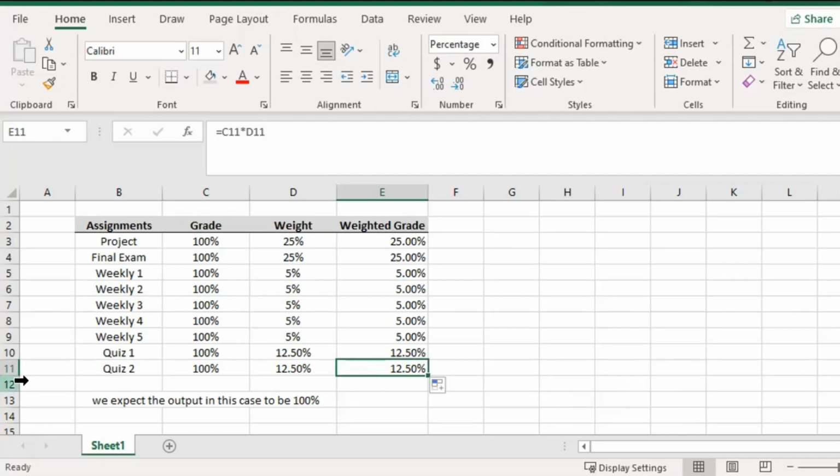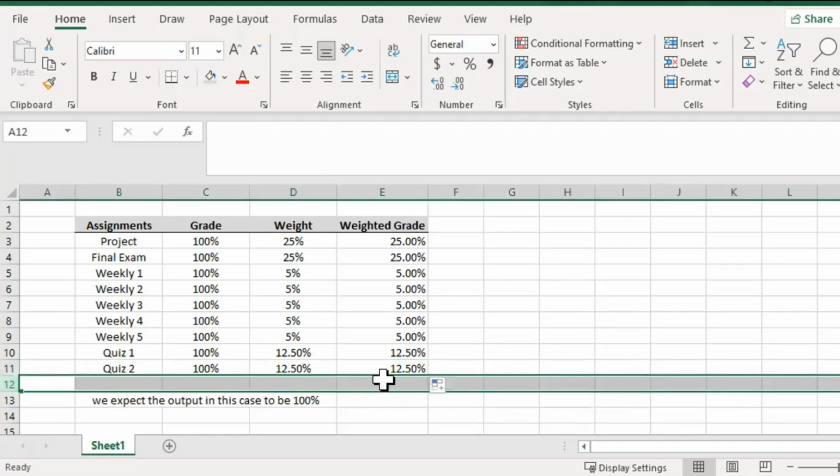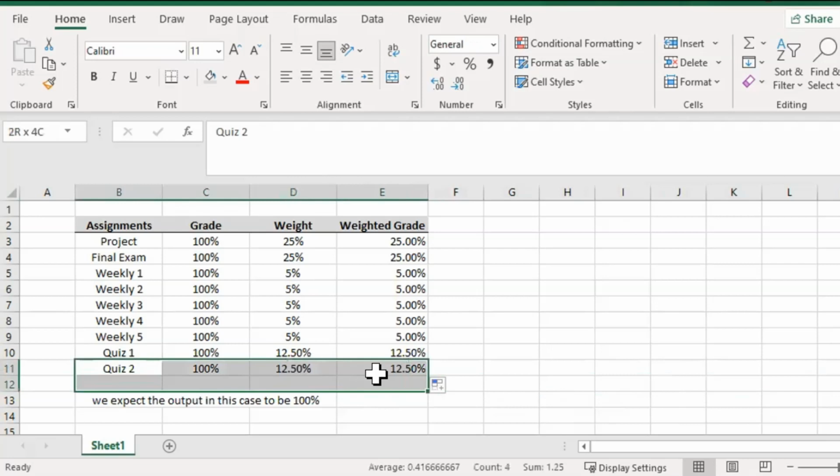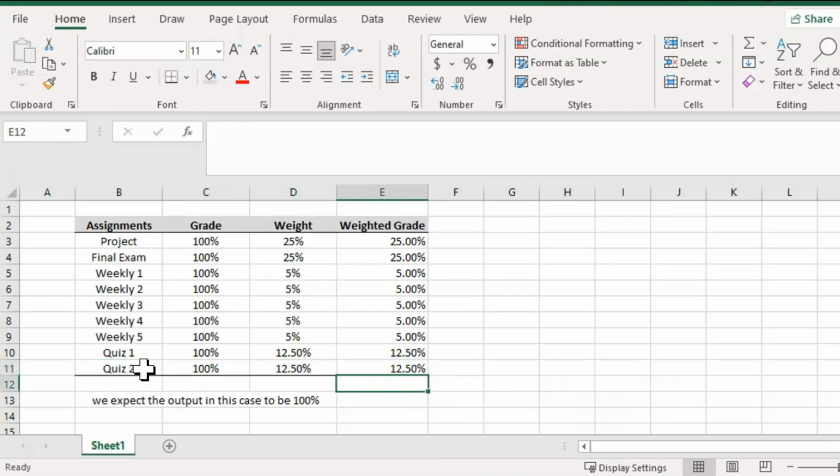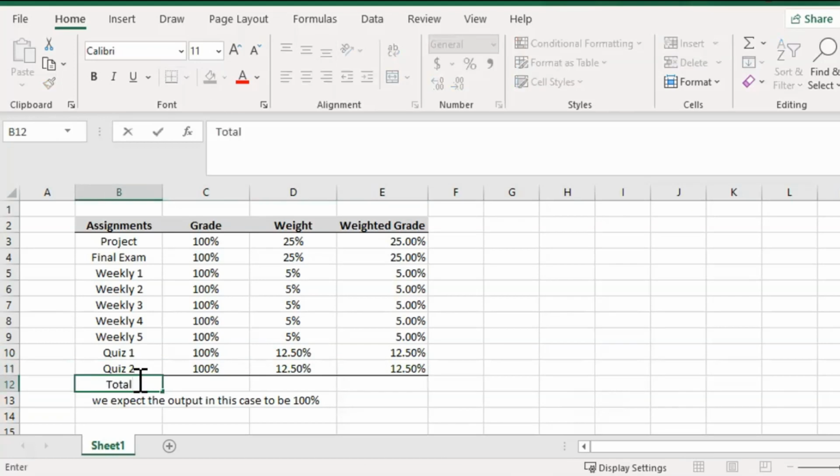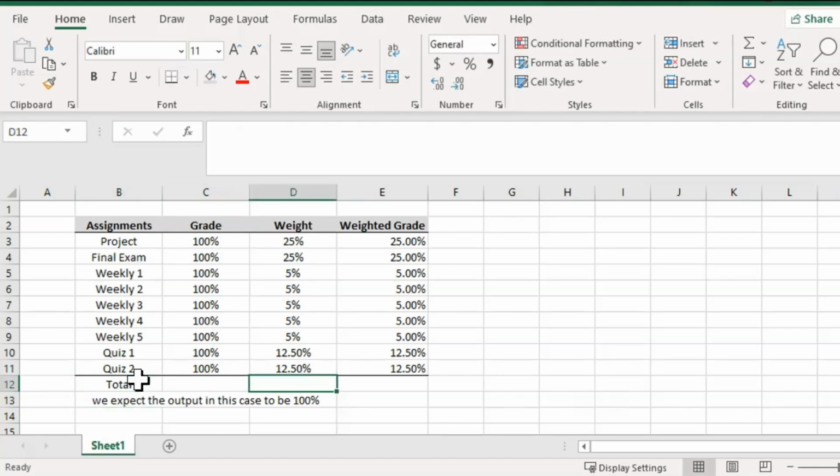So as a checker, let's create a total at the end of this table. I'll call this my total score. The grade, we don't care about a total.